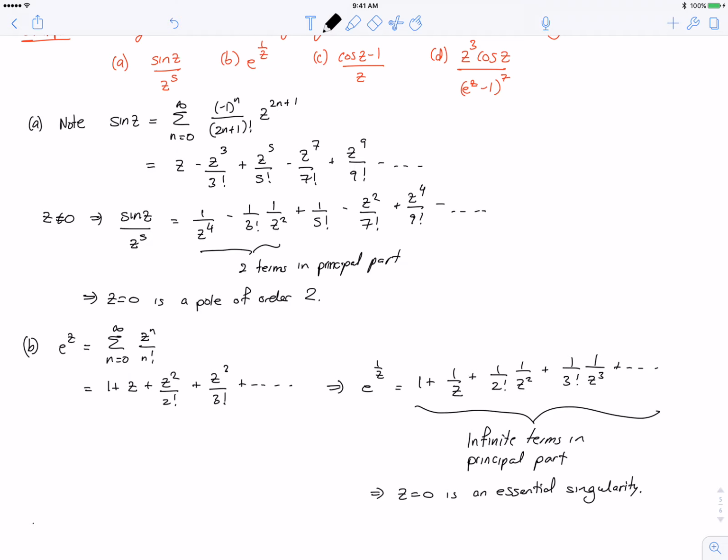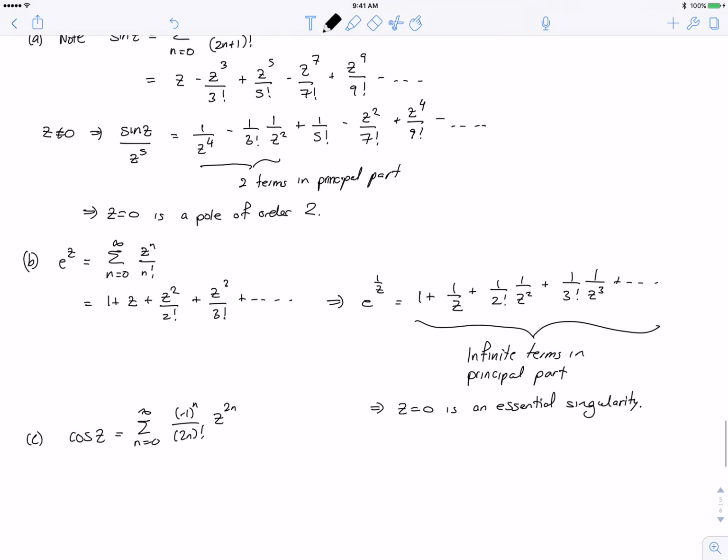So part C, cos z minus 1 on z. Again, I'm going to manipulate the Taylor series for cos z. I know that cos z has Taylor series expansion going from n equals 0 to infinity of negative 1 to the n on 2n factorial z to the power of 2n.